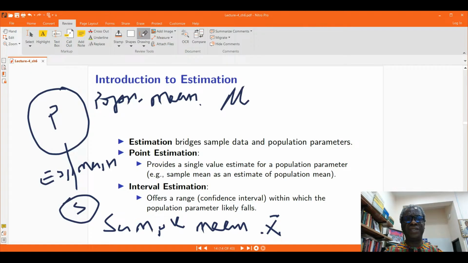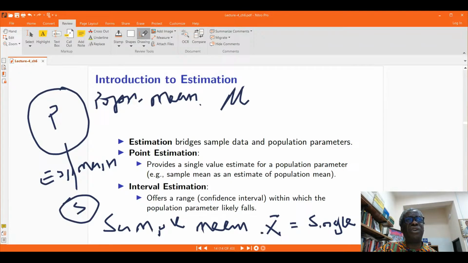If a single value is obtained, then it is a point estimate. We say it's a point estimate because a single value is used to estimate the unknown population parameter. So the sample mean is an example of a point estimate.